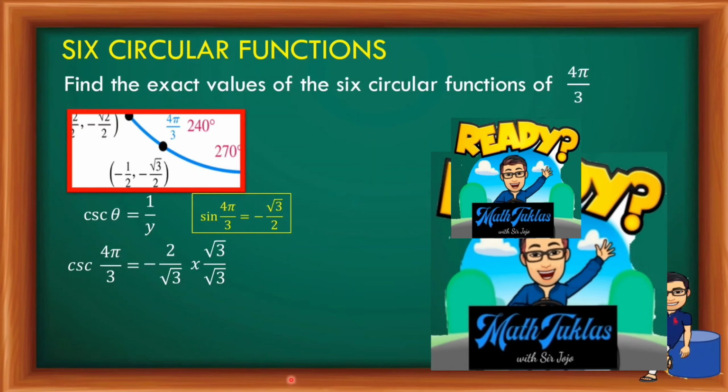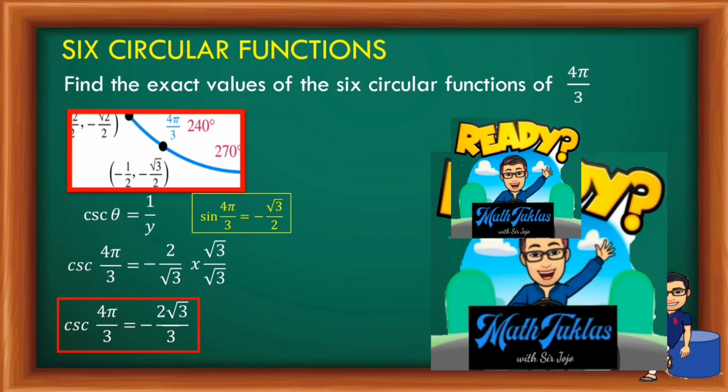So, multiply natin by the square root of 3 over the square root of 3 ang numerator at ang denominator. Numerator: 2 times the square root of 3. Denominator: square root of 3 times the square root of 3, that is square root of 9. At perfect square ito, so square root ng 9 ay 3. Therefore, cosecant 4 pi over 3 is equal to negative 2 square root of 3 over 3.